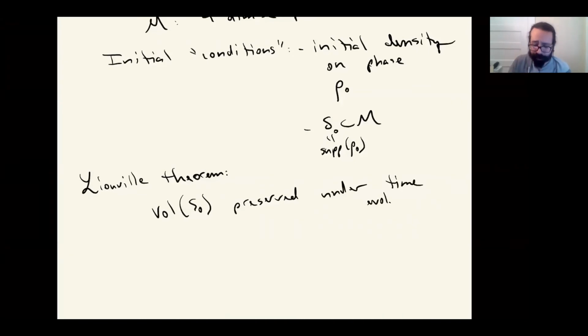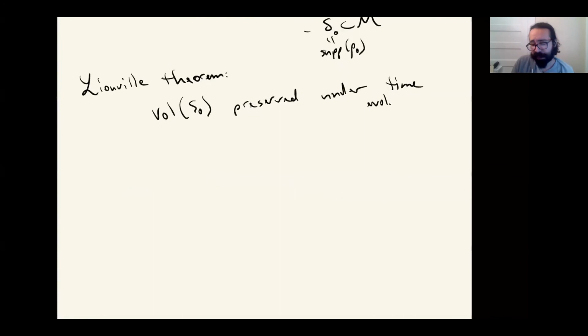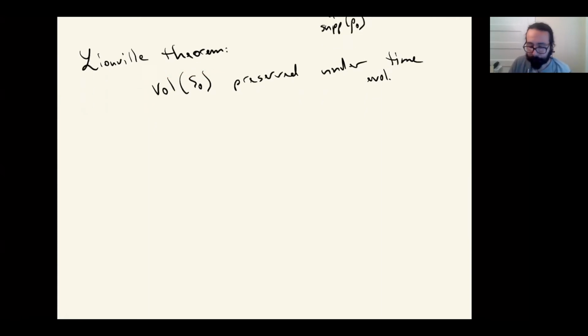I'm just stating this now, but it won't really play a role. In particular, the chaotic formulation we have is independent of whether we're doing precise classical mechanics.